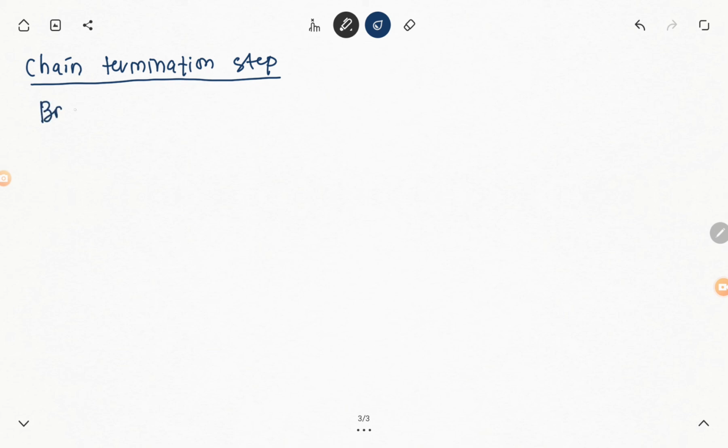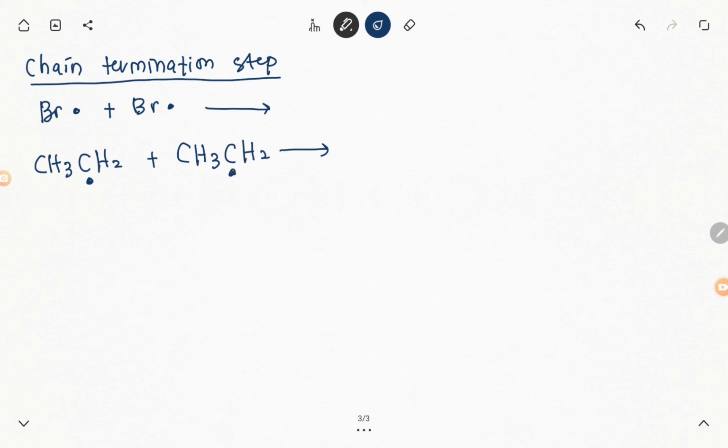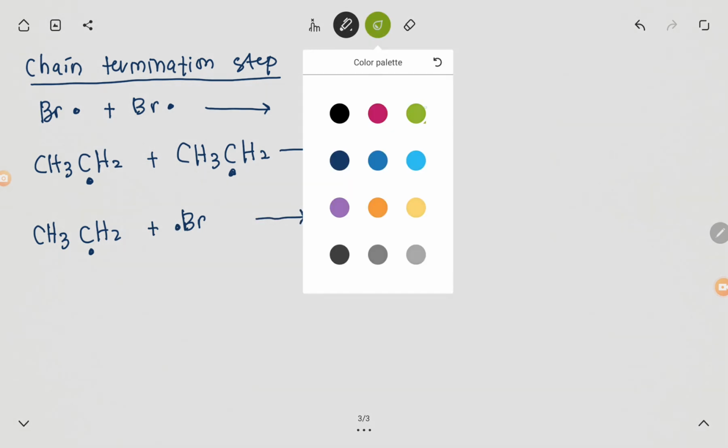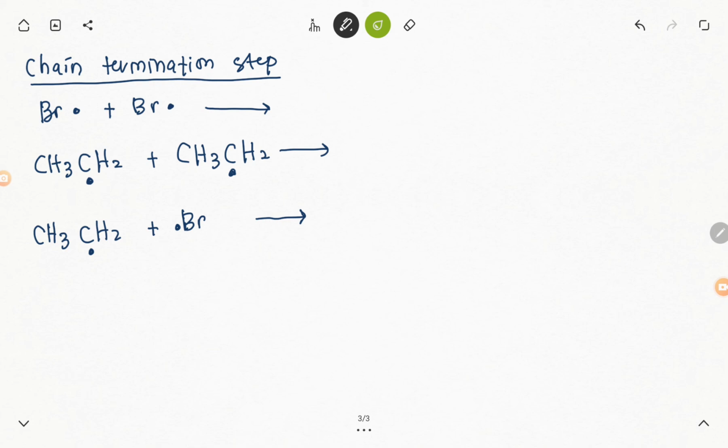First, bromine free radical with bromine free radical, or probably alkane free radical with alkane free radical, and for the next part maybe alkane free radical with bromine free radical too. You must be sure the mechanism shows the transfer of electrons by using half-headed arrows.